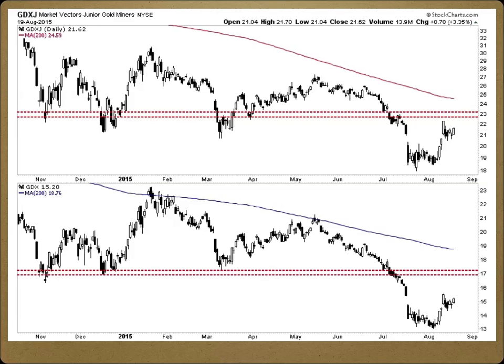I think a couple weeks ago that was a fantastic buying opportunity, but we'll see what happens if gold tests 1,000. Maybe GDXJ is strong enough that it wouldn't make a new low. Maybe it makes a double bottom. That's just something to keep in mind. I think miners relative to gold right now are really, really stretched, so it wouldn't surprise me if gold tested 1,000 and the miners held up okay.